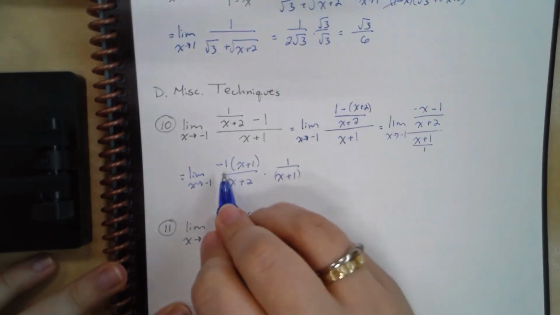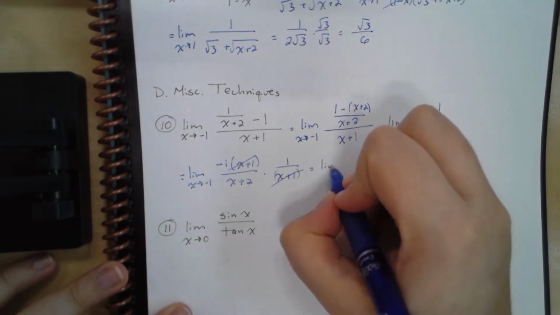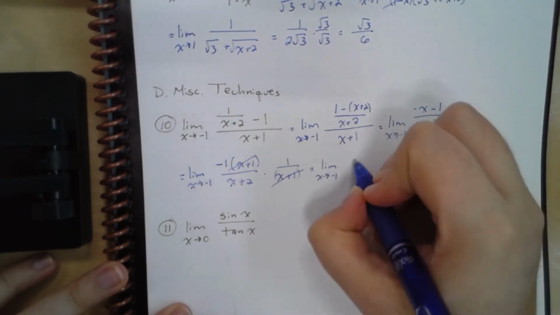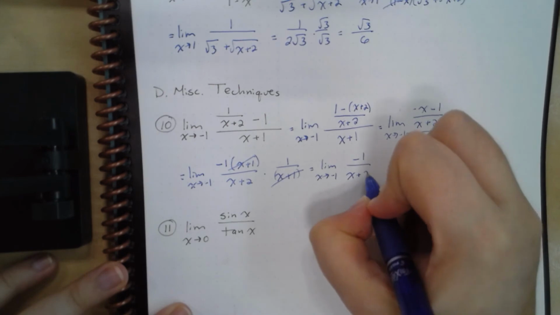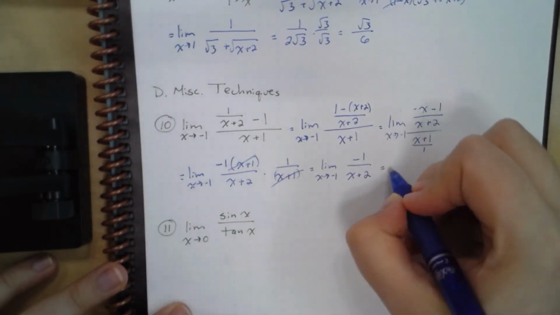You see I took out that -1 in order to simplify. So we have finally something that's pretty simplified that we can find our limit of. We got 1 over -1, so this is just going to be -1.